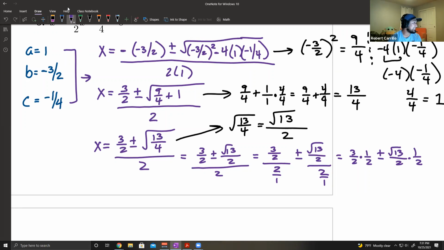And what is our final answer, guys? Three plus or minus the square root of 13. Well, 3 over, what is 3/2 times 1/2?